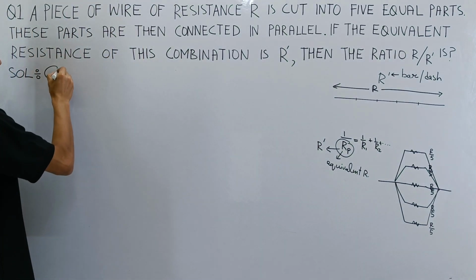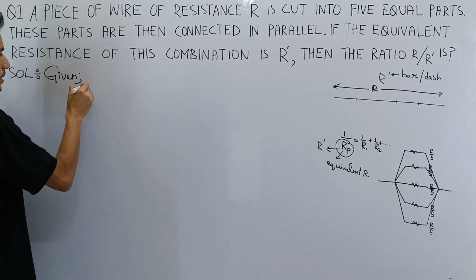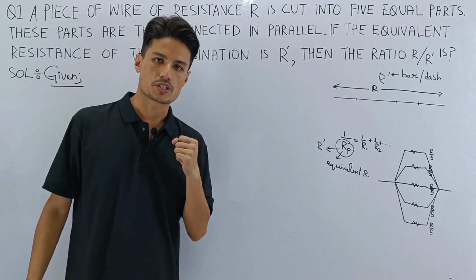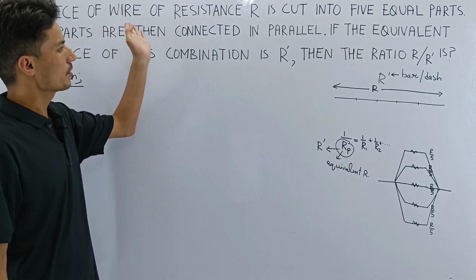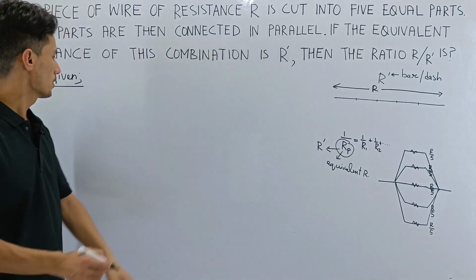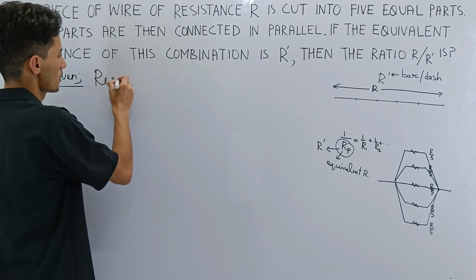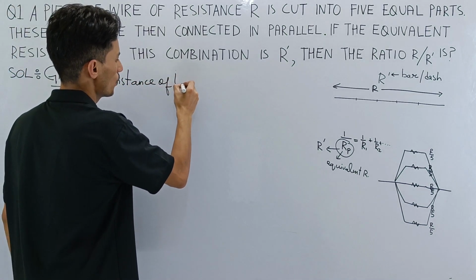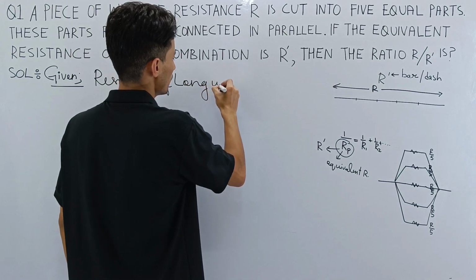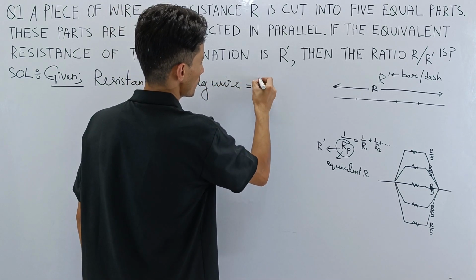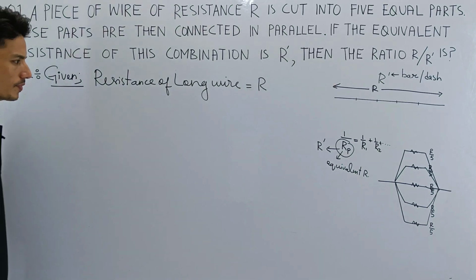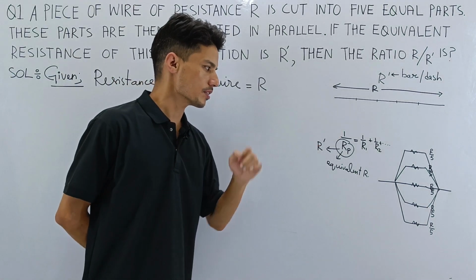Alright, so now we have read the question and we will solve. The first thing you will write is given. So what is given to us? We will write whatever information we get from the question. We have a wire having resistance R. So the given resistance of the long wire is R. Then the long wire gets divided into 5 equal parts.